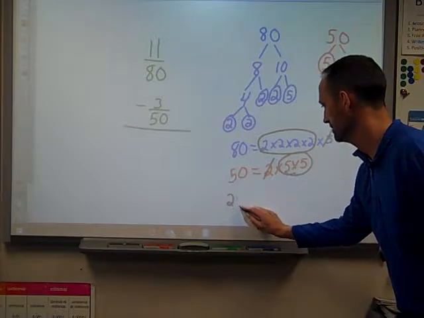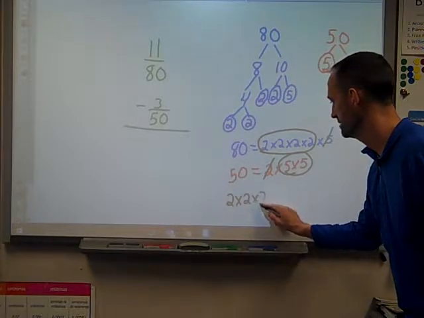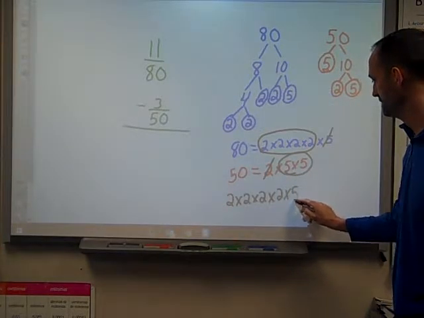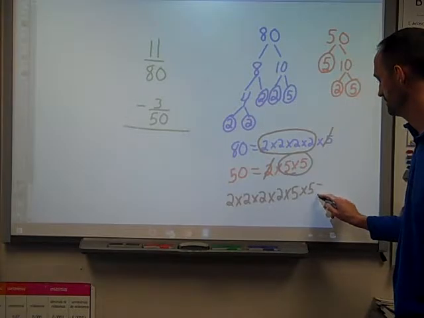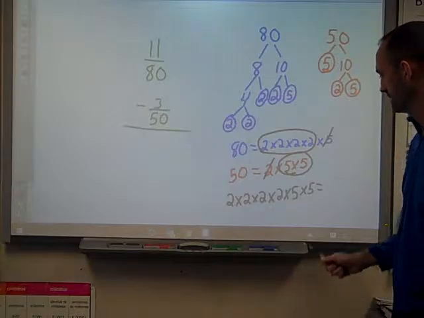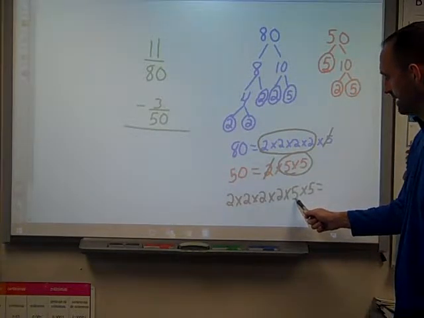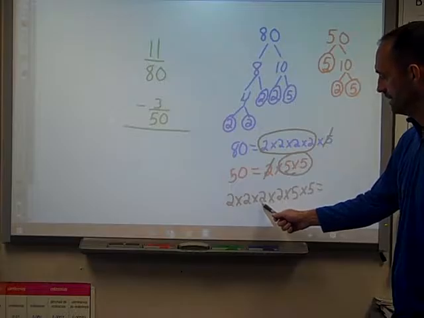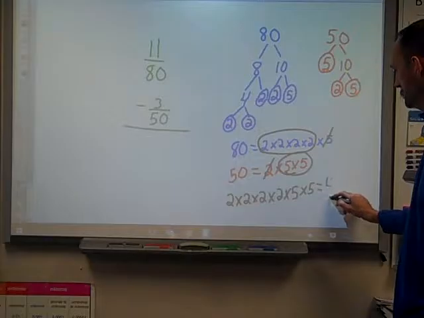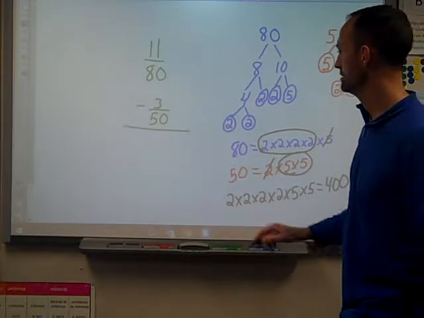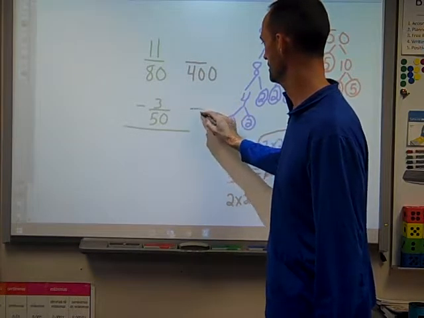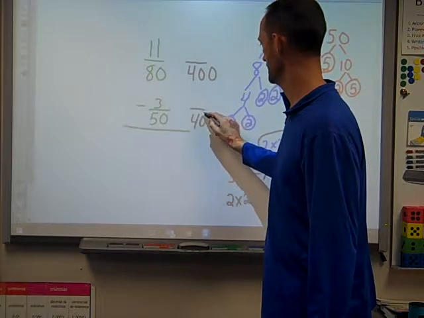So I'm left with 2 times 2 times 2 times 2 times 5 times 5. So I multiply all the prime factors that I have circled. 5 times 5 is 25, 50, 100, 200, 200 times 2 is 400. So the first multiple that 80 and 50 share is 400.